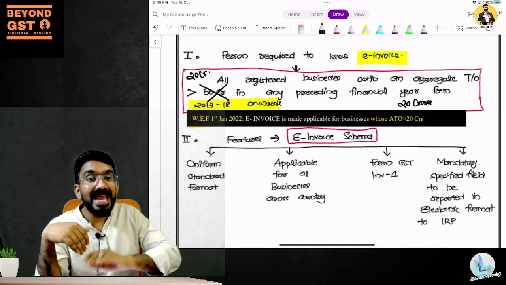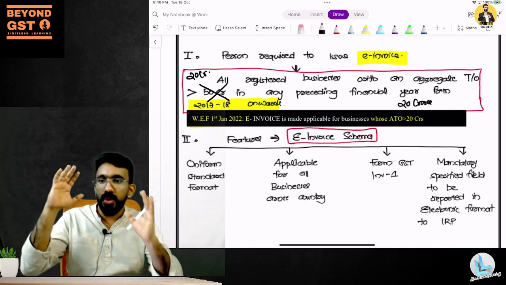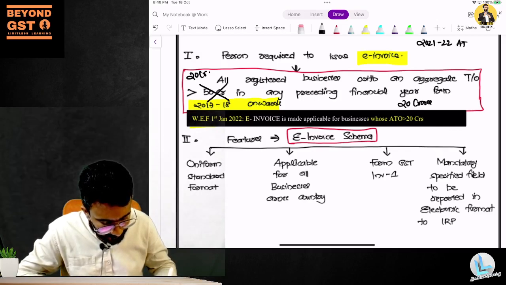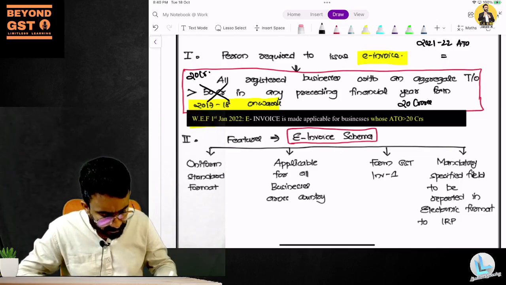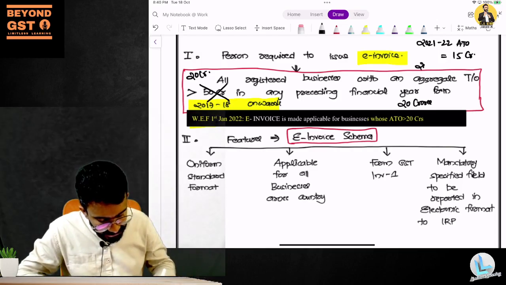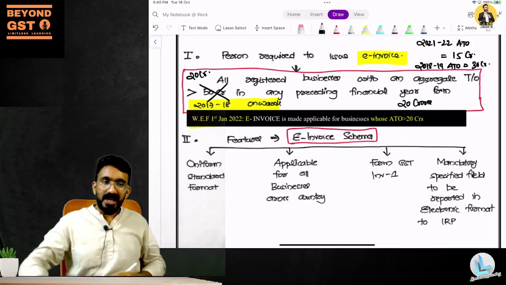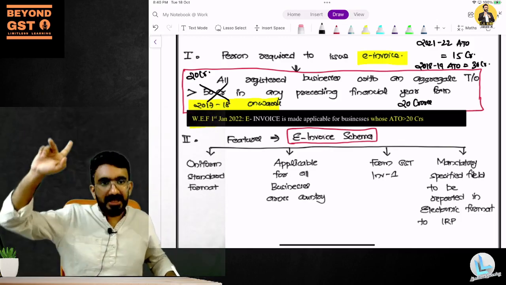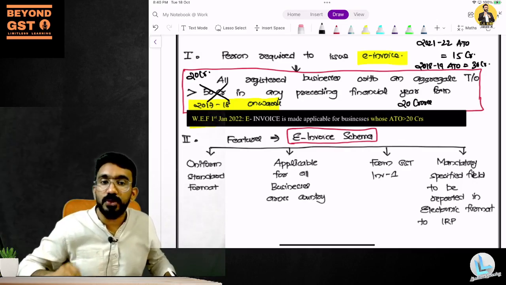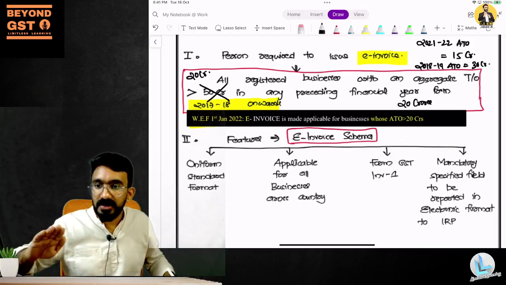It is talking about any preceding financial year from 2017-18 onwards, which means somebody whose 2021-22 aggregate turnover was only 15 crore, but 2018-19 I had an aggregate turnover of 30 crores. Last year 15 crores, but 2 years back or 3 years back my turnover was 30 crore. Whether e-invoicing is mandatorily applicable for me, do I have to upload my invoices, get an invoice reference number, and then put it on my invoice?